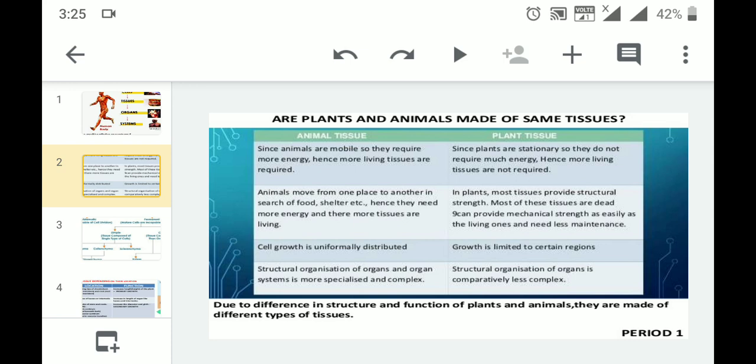Structural organization of organs and organ systems is more specialized and complex in animal tissues, whereas in plant tissues, structural organization of organs is comparatively less complex. Due to differences in structure and function of plants and animals, they are made up of different types of tissues.